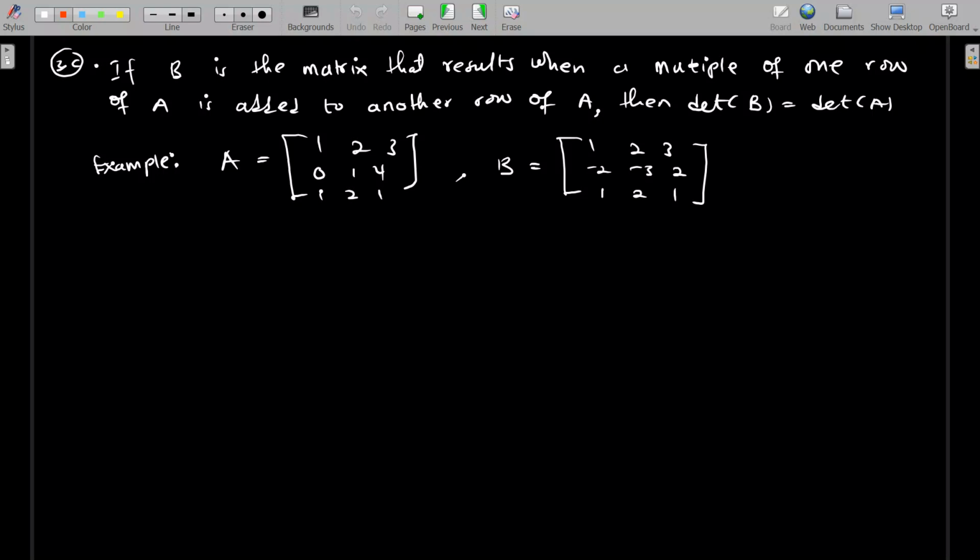So if you look at the first row of A is 1, 2, 3, first row of B is 1, 2, 3. Last row of B is 1, 2, 1, and this is 1, 2, 1.